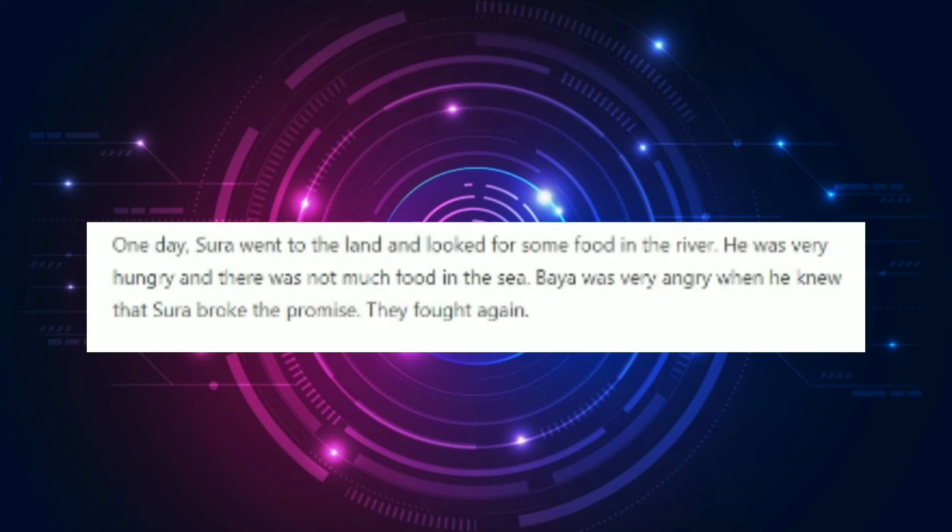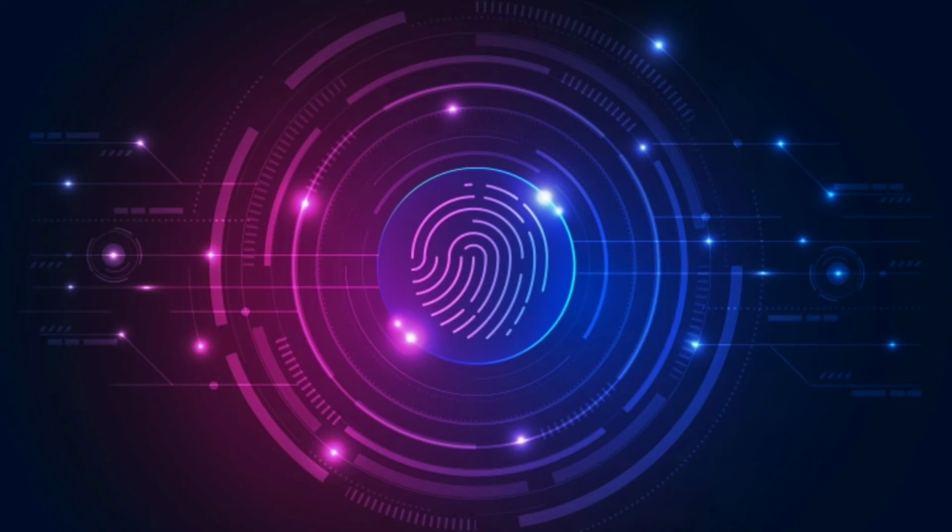Baya was very angry. Sura broke the promise. From the second paragraph, third paragraph, and fourth paragraph, because they consist of dilemma or problem, we can call it complication.